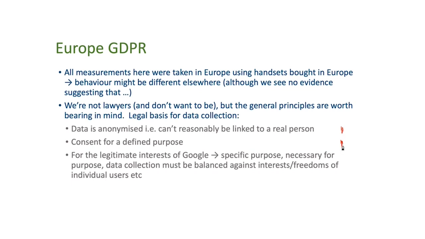Another is if informed consent is obtained, but there's no consent sought or given in this case, and so presumably Google are relying on the last basis, where it's for legitimate interest for some specific purpose, which we don't know because they don't tell us. Whether it's necessary for that purpose, we can't comment on because we don't know the purpose. And balanced against interests, again, we can't comment on any of that because there's no information.